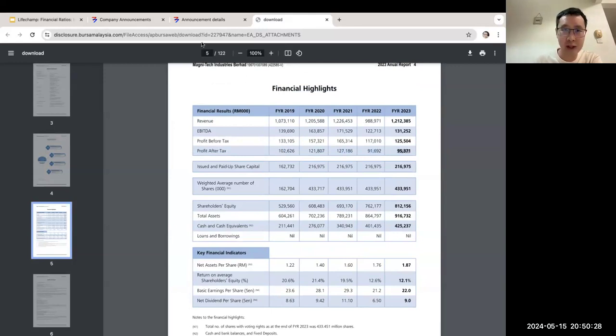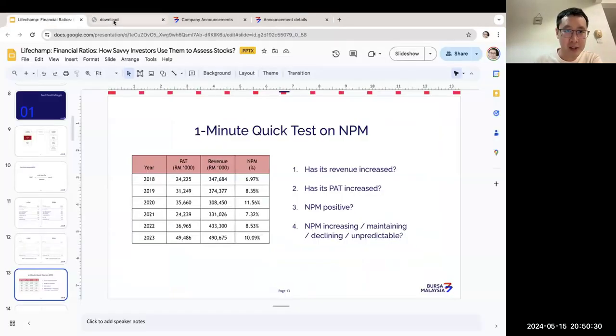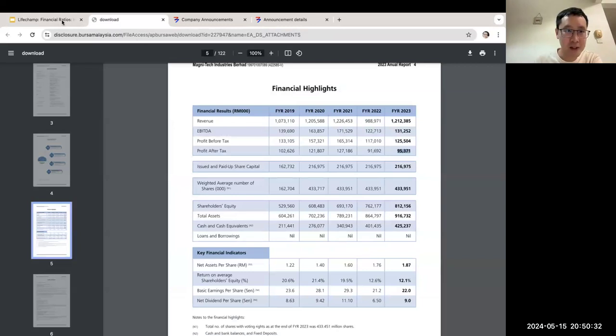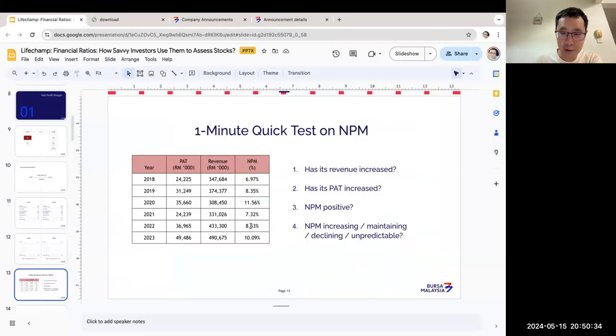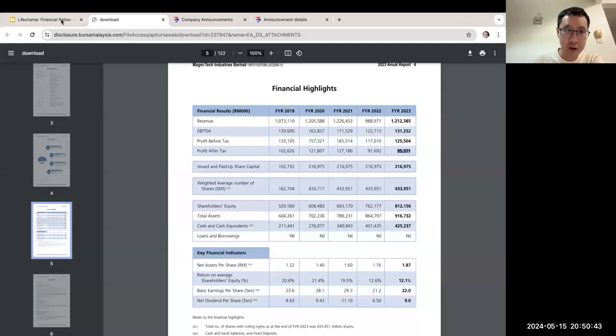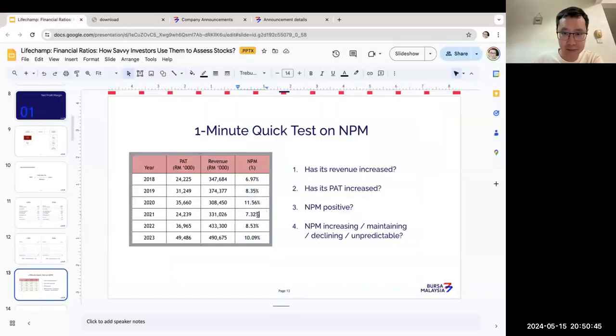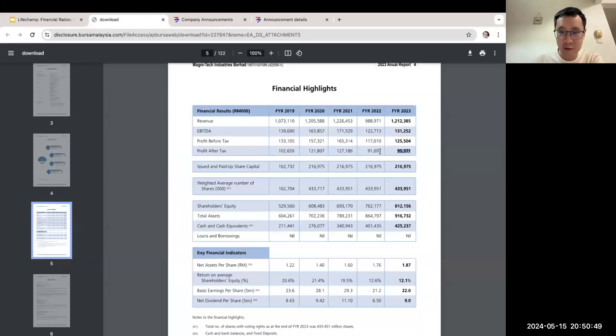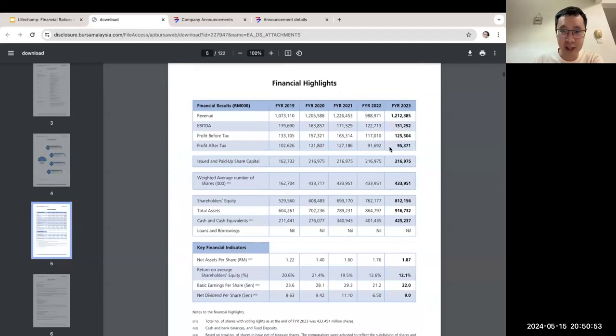So what you can do here is that you can just take all these figures, and you can compute the net profit margin, because now you already know how to do the calculation. Then from there, you find the pattern. Okay. From here, what we can see is that there is a little bit of pattern.